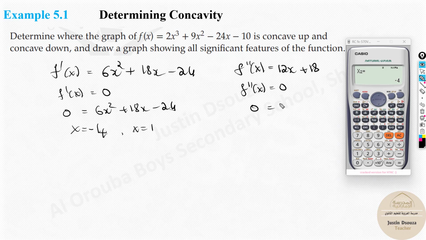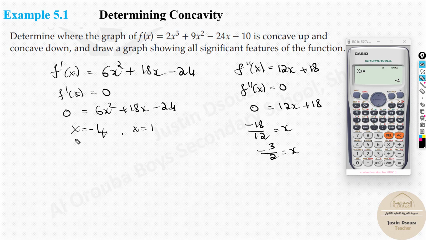So 0 is equal to 12x plus 18. You can use the calculator for this, but it's linear, it's very easy. Just take 18 to the other side, it'll be minus 18, and 12 to the other side, divided by 12, is equal to x. You can simplify, 6 is divisible in both, it will be minus 3 by 2 or negative 1.5.